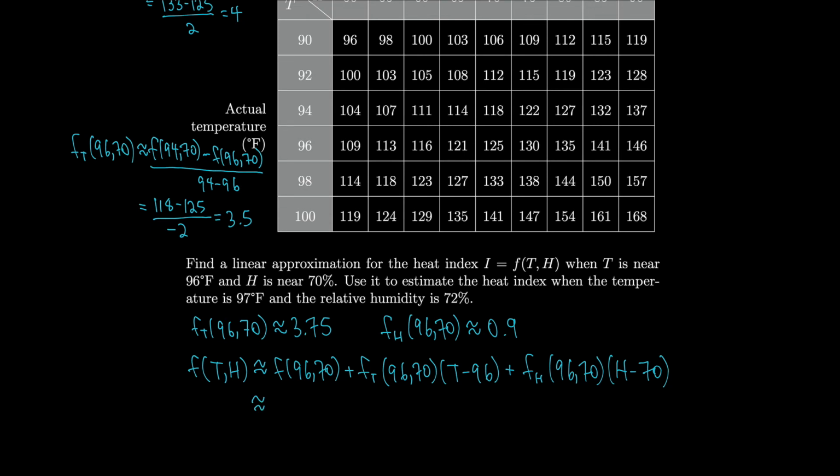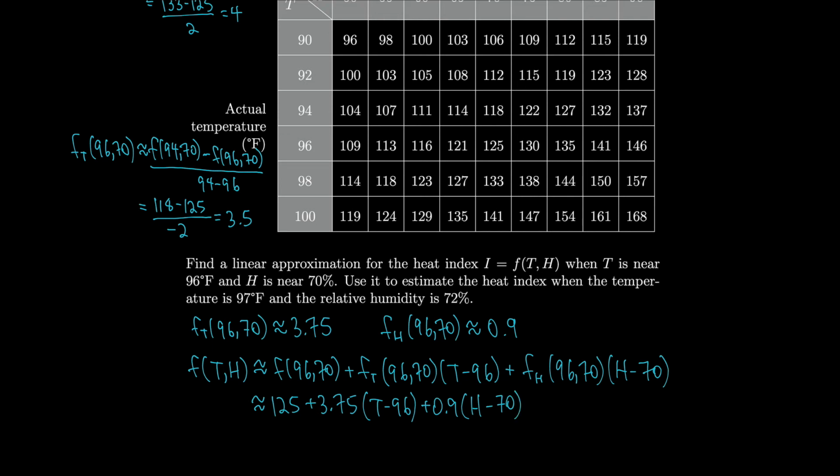Okay, so that's approximately 125 plus 3.75 times t minus 96 plus 0.9 times h minus 70.